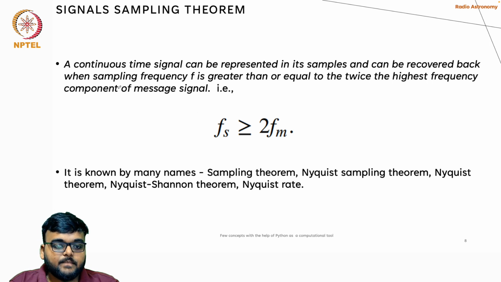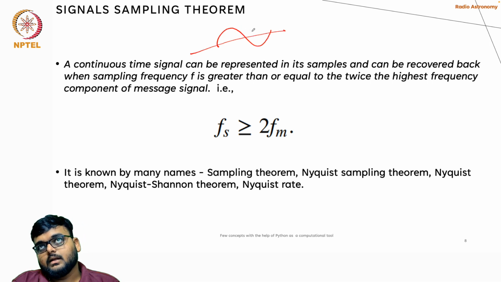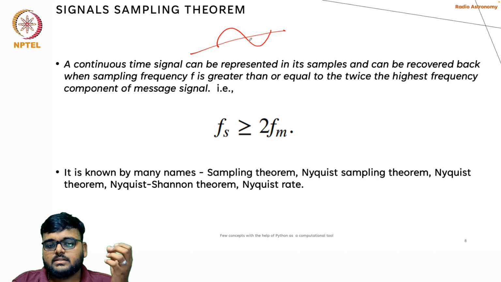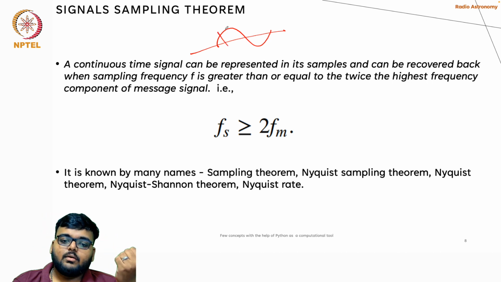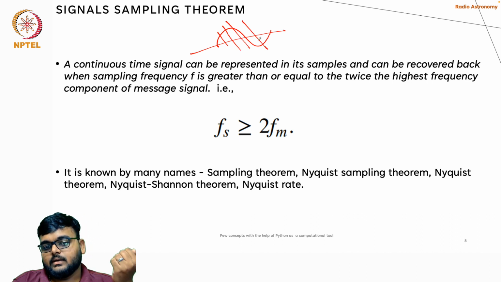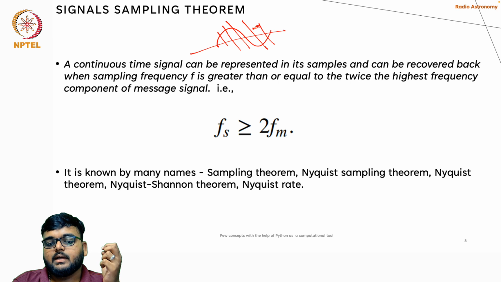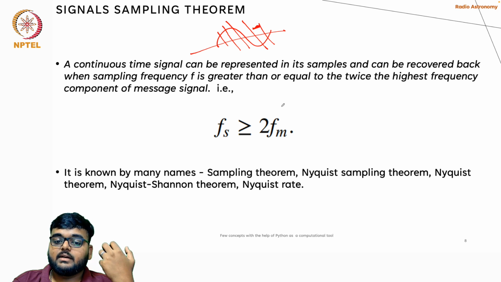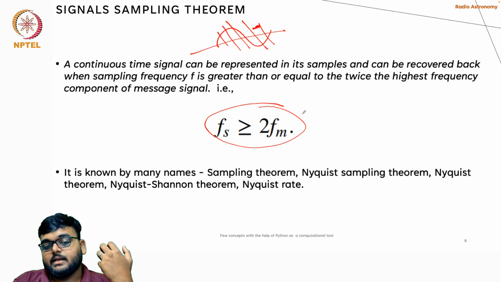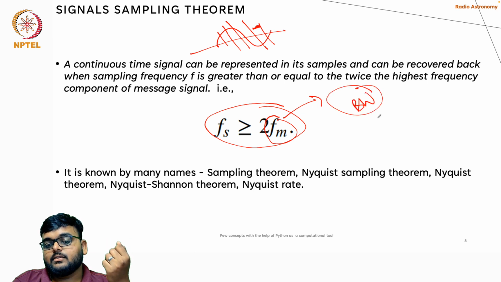Sampling is nothing but changing a continuous time signal, or continuous space signal, or the continuous signal into discrete form by sampling at a particular rate. At a particular interval we will sample. If you want to recover the signal intact, the sampling rate should be greater than 2 FM, where FM is your signal bandwidth.